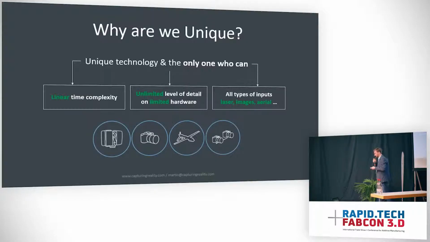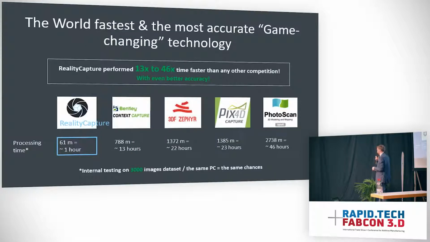It means that you can process an object the size of the cathedral on a single machine. And also we can mix many types of inputs, like combine lasers, photos, structured light, and so on. And at the same time, we created the world's fastest and most accurate, we call it game-changing technology, because look at that. We are 13 to 46 times faster compared to any competition on the market.